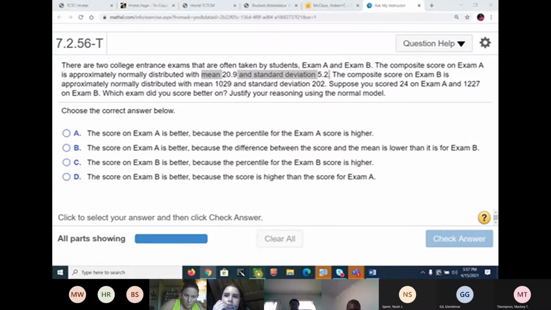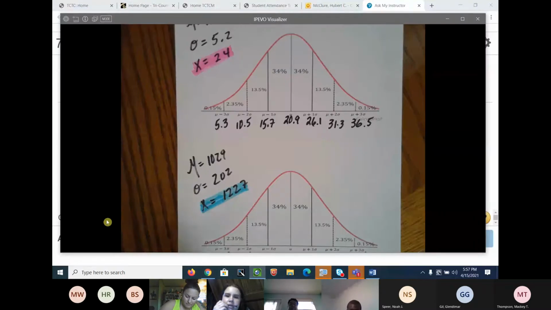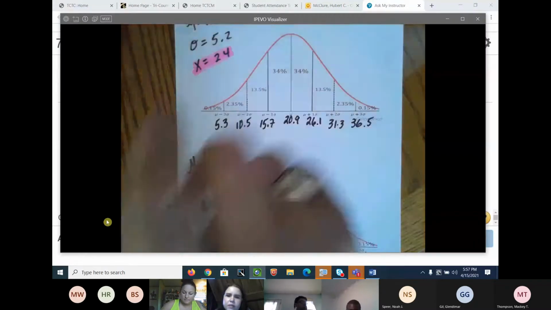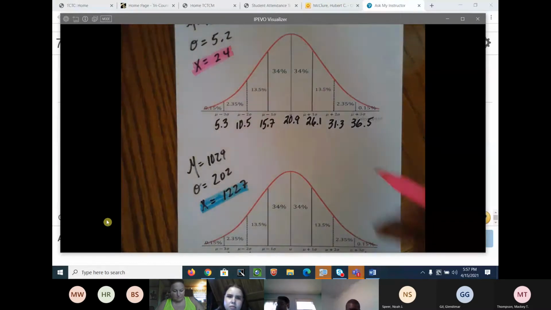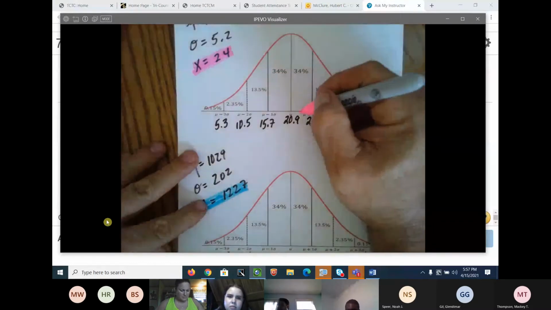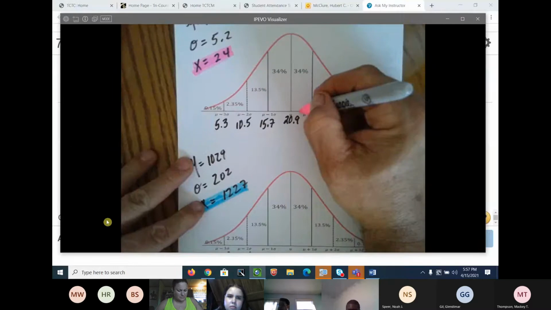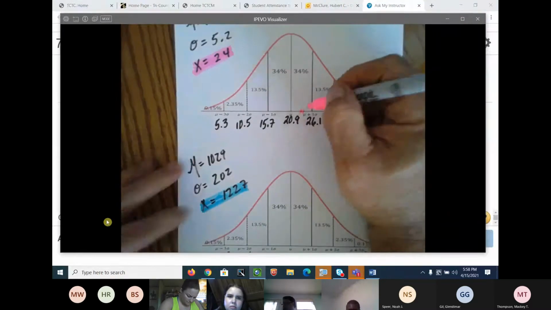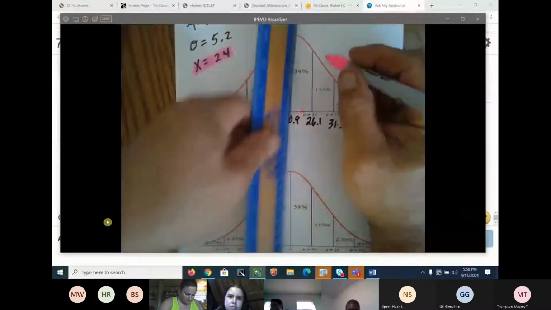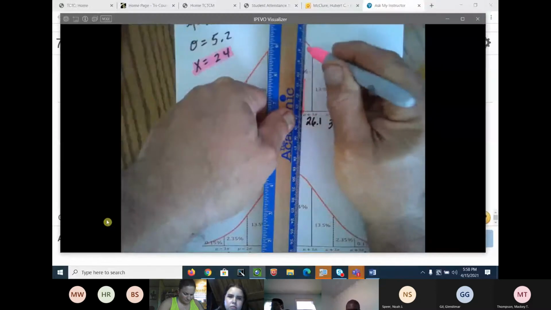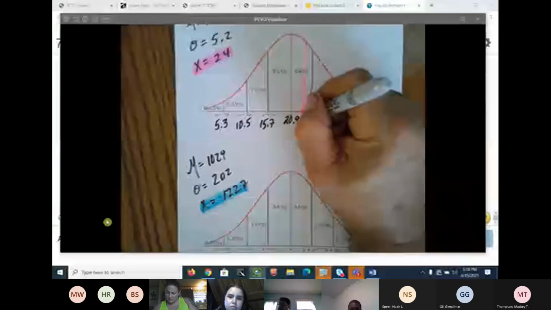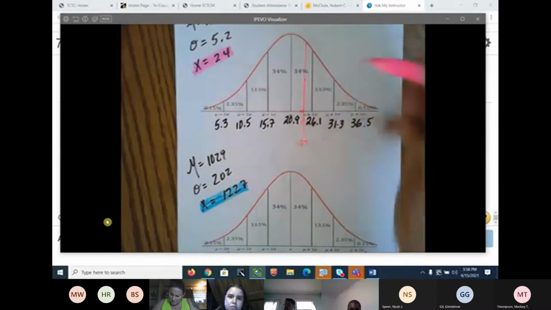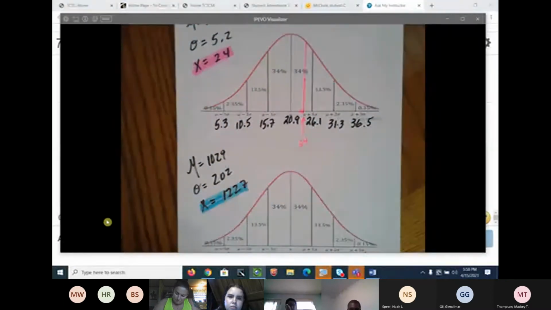First of all, where is 24? Well, I'm going to take my pink highlighter. 24 is right in here. 23 is right there, so 24 would be right here. And I'm going to draw my line right there. And that's 24. And then the blue is 1227.